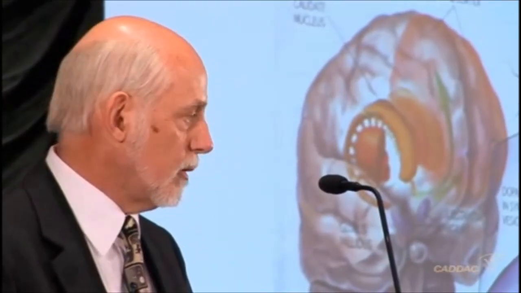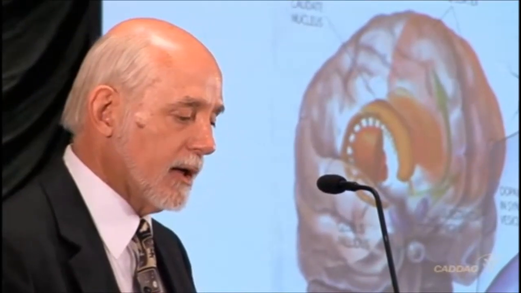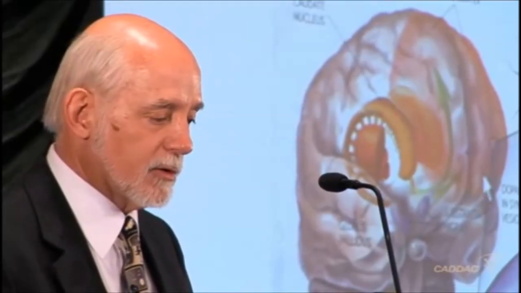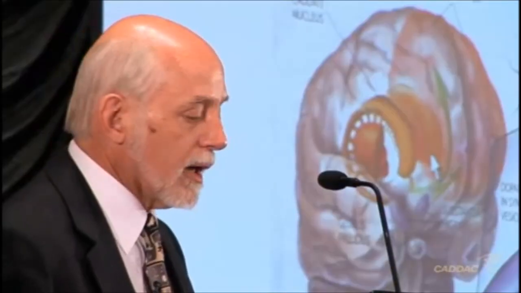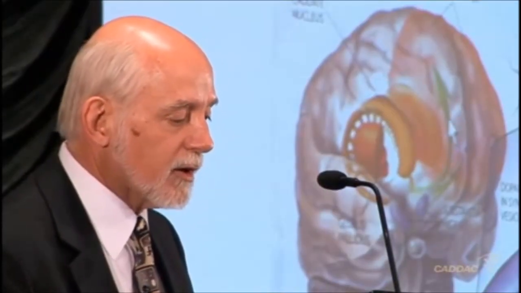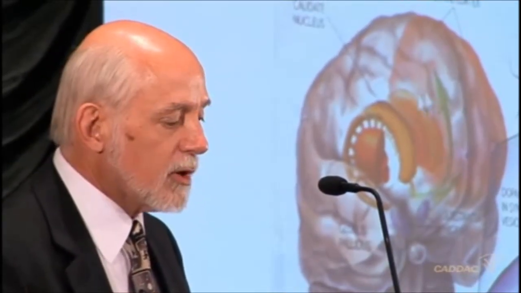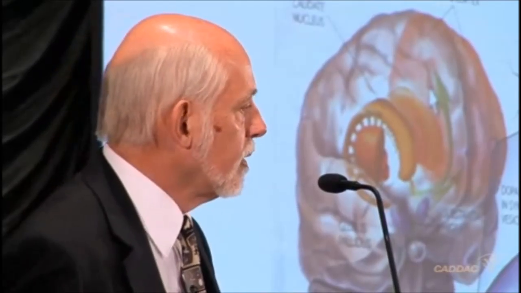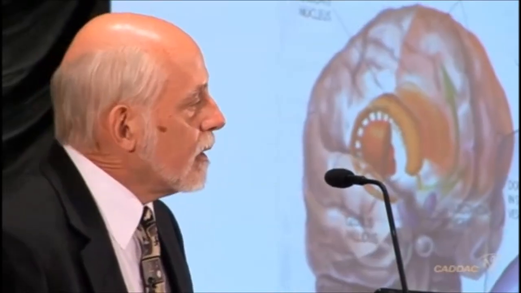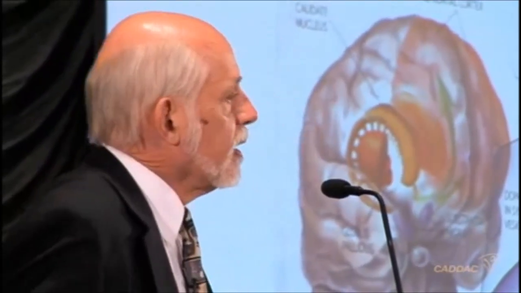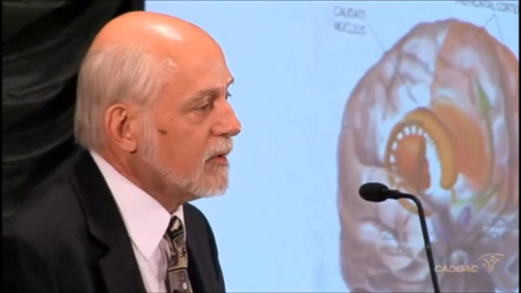This is the orbital frontal cortex, and it's located, let me see if I can get this cursor back, right in here where you see that arrow. And this area of the brain projects up and back to the prefrontal lateral cortex up in here. The right frontal area of the brain is known as an inhibitory center.